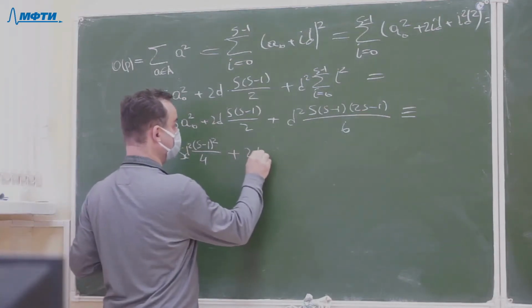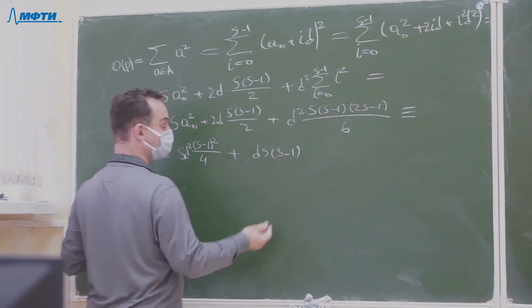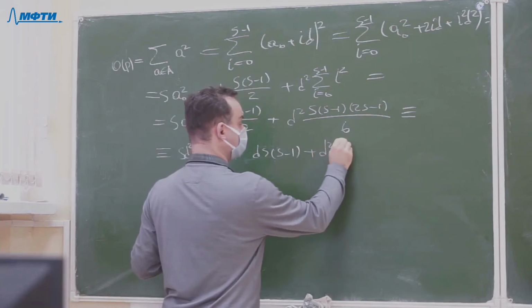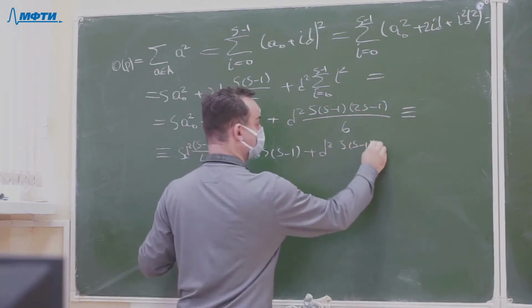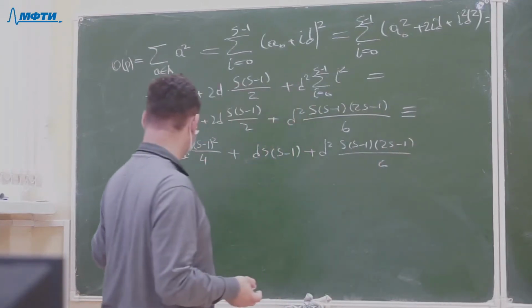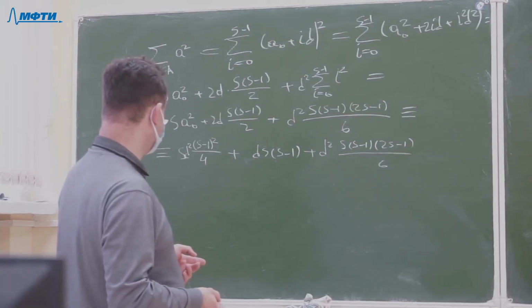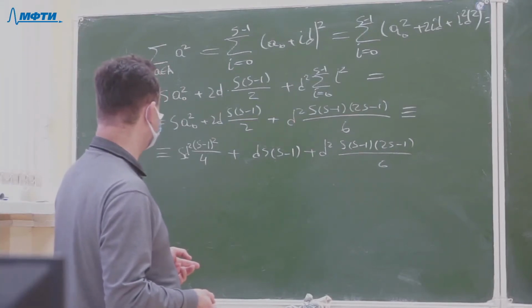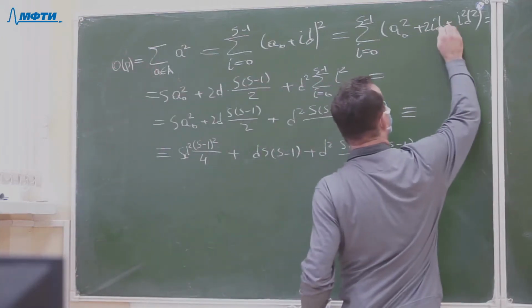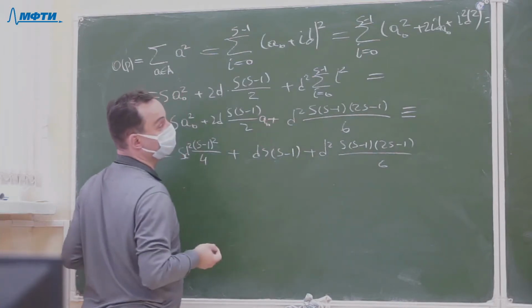Plus double d times d S minus 1, plus d square S minus 1 double S minus 1 by 6. Sorry, I forgot, this is A0 here.